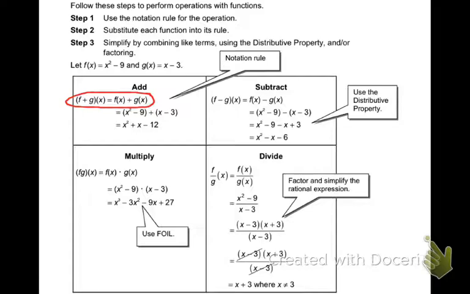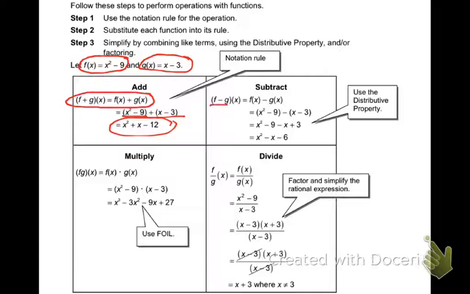Now, what does that mean here? At the top, it says f of x equals x squared minus 9, g of x equals x minus 3. So when I go to simplify this, I take f of x and add g of x, and I just combine like terms. I get x squared plus x minus 12. It's nothing more than combining like terms. Same thing for subtraction.